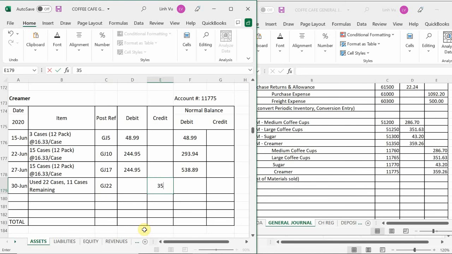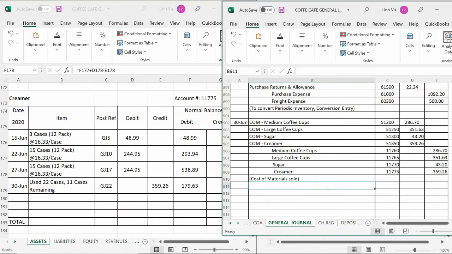For 359.26. So what's your ending balance here? $179.63. Okay, good.